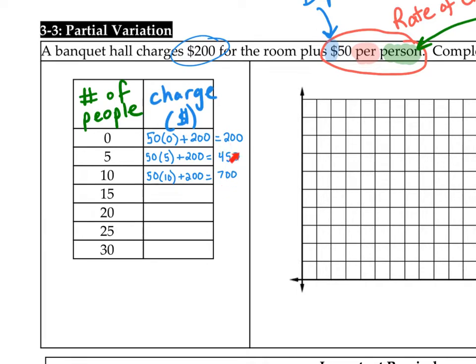So each time these numbers go up by 250. So 250, add 250. So that means the first differences is $250.